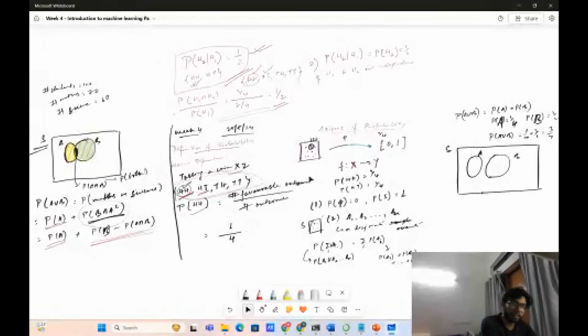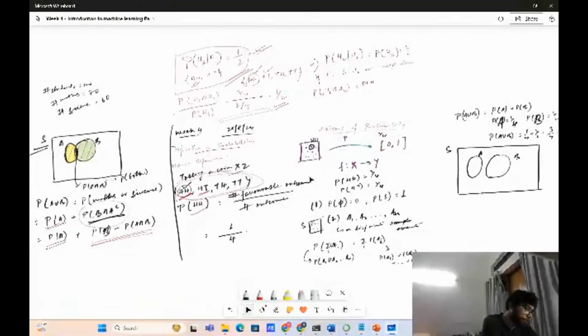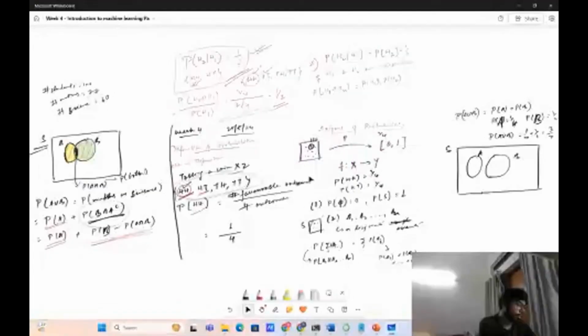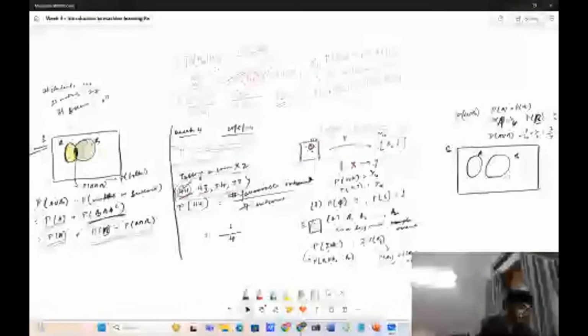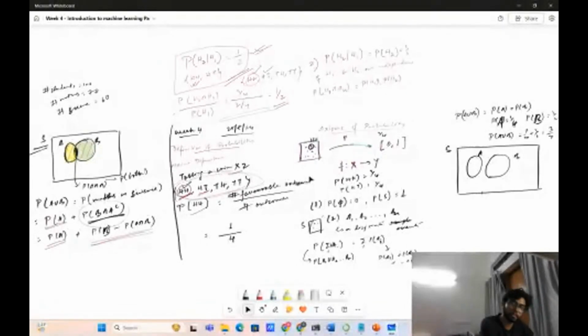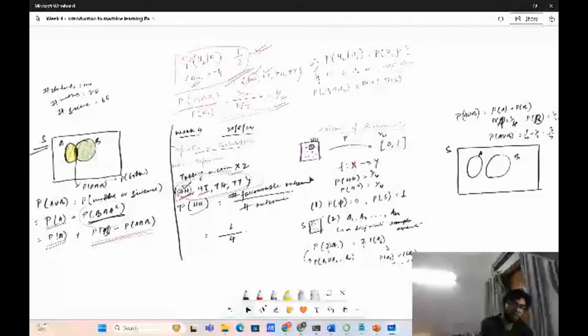And again, if two events are independent, then P of H1 intersection H2 should be equal to P of H1 times P of H2, right? So someone was asking where to use multiplication, Kavita. For independent events, if you want to calculate the probability that both events occur, then you have to say that, okay, what is the probability that I get head on the first coin? That is half. What is the probability that I get head on the second coin? That is also half. You get 1 by 4, right?